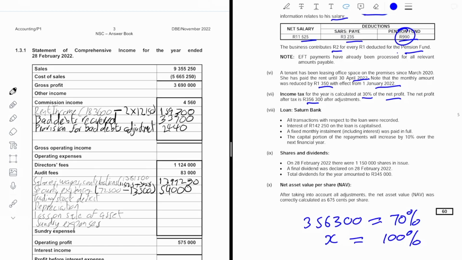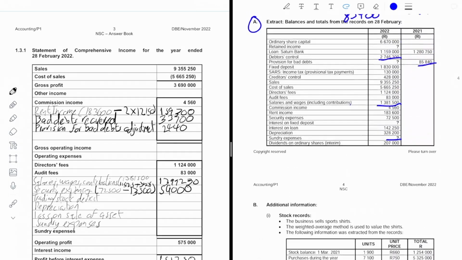Then I need to add back my interest expense to get back my profit before interest expense. So I just need to add this figure and this figure, and then I get 651,250. Then they have actually given us the operating profit here, but they've not given us the interest income, and they've made no mention of it anywhere in this information.